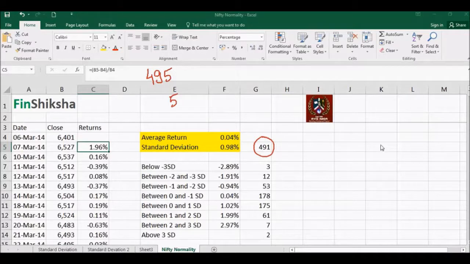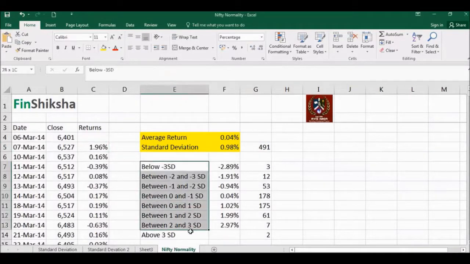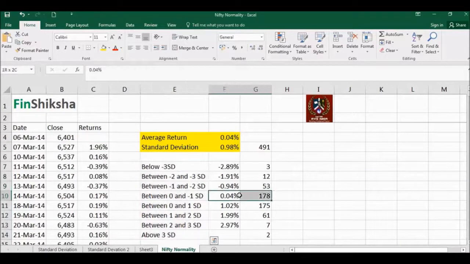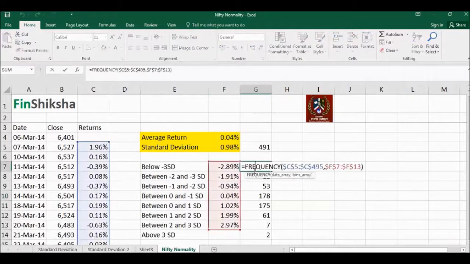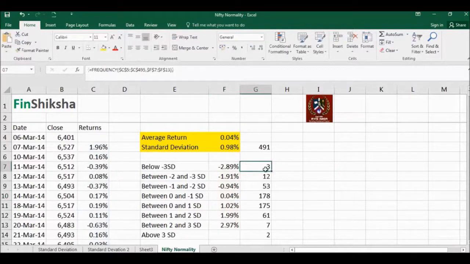Now let's try and check if I create some sort of a distribution. What is the average? The average is 0.04. Just ignore this for a moment. This is the average, right? We also use a function in Excel to just test for it. At this point of time, we don't need to worry too much about it. The function is called frequency, right?